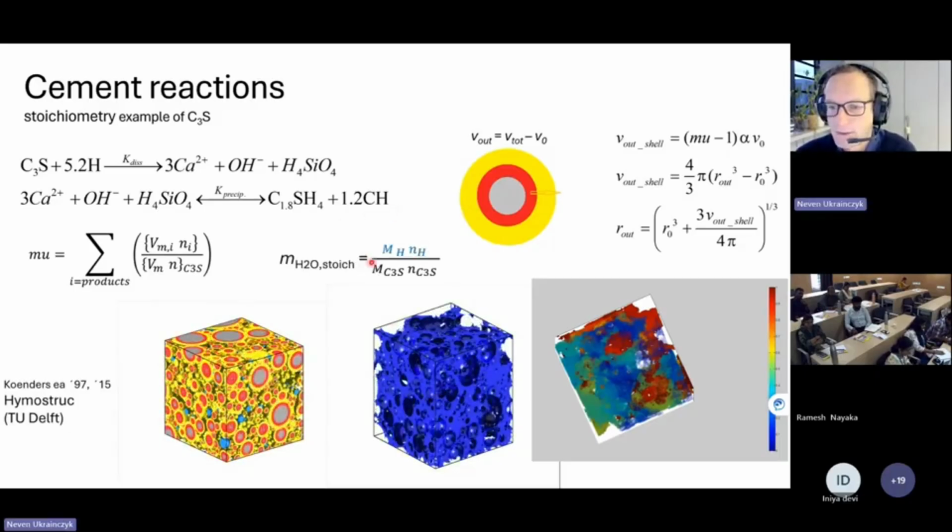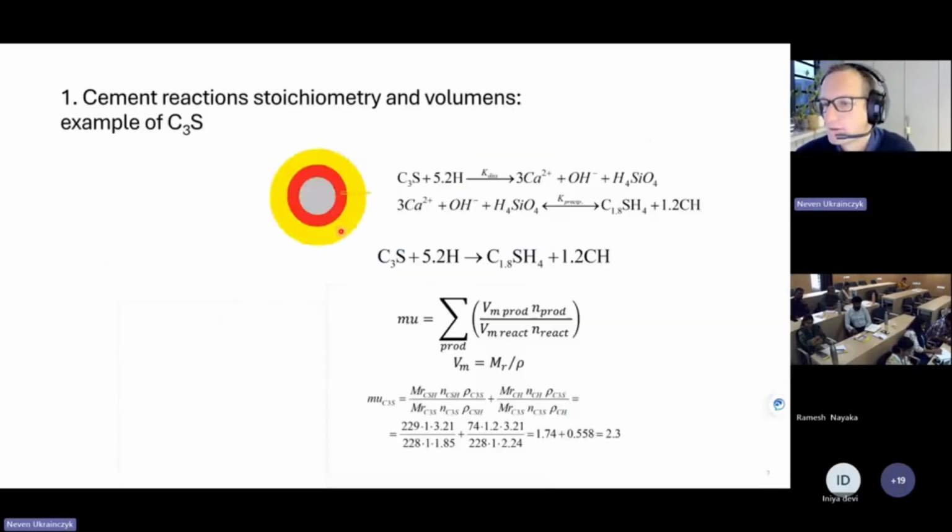This is for the water. This is what we did yesterday. No need to explain further. Here I just did it explicitly for you, how you can calculate it, and you get the expansion factor of 2.3. The molar volume is the molar mass divided by the density. So you just have the ratio of the molar masses, the densities, and the stoichiometric coefficients. When you sum this all up, you get the value of 2.3.